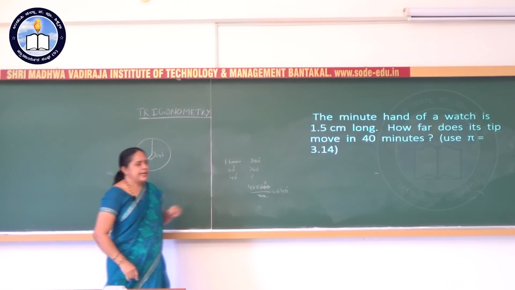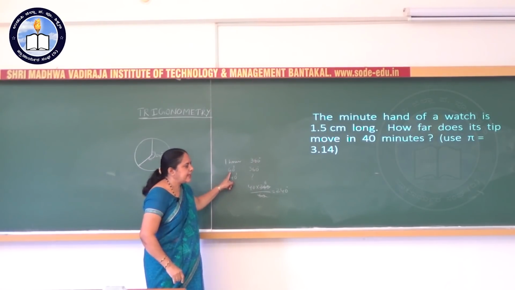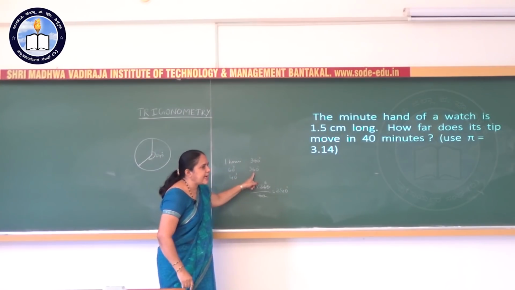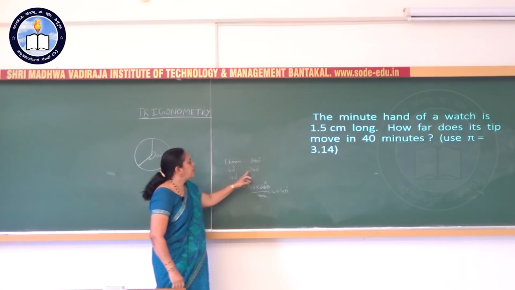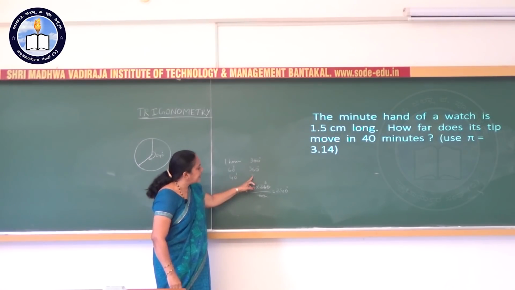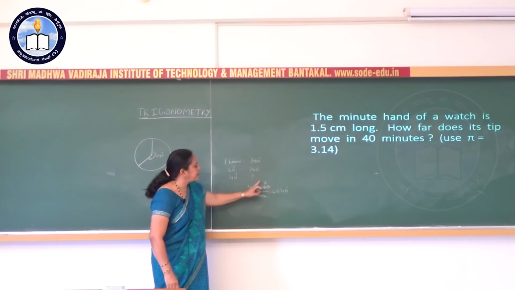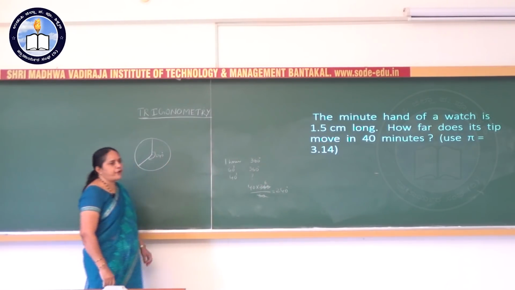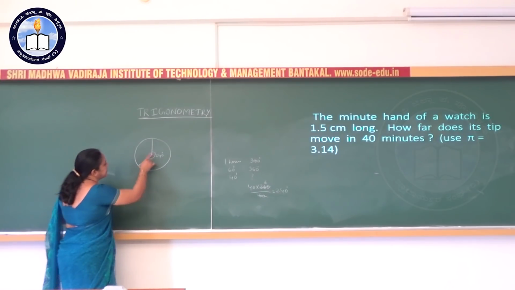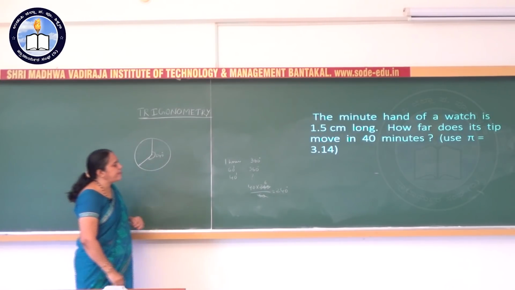240 degrees. In 60 minutes, the minute hand turns an angle of 360 degrees. In 40 minutes, what is the angle turned by the minute hand? It's 40 into 360 divided by 60, that is 240 degrees. So the central angle is 240 degrees.